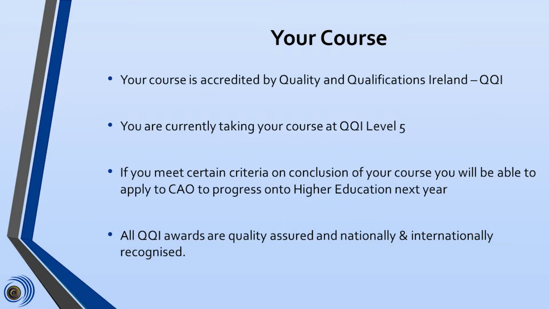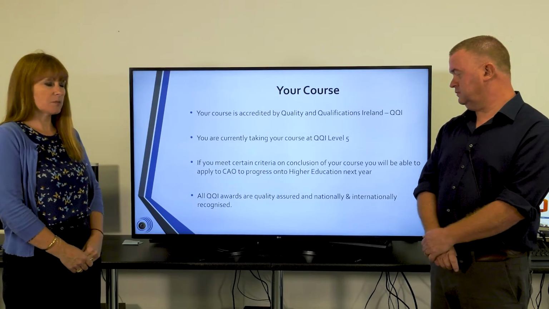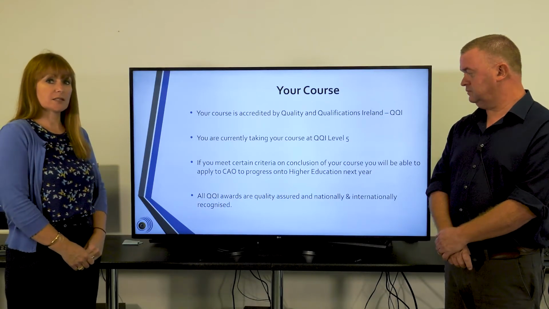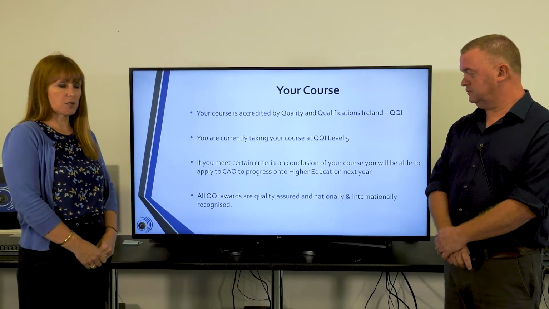Your course is accredited by QQI, Quality and Qualifications Ireland, and they're your awarding body for your studies here at Dunboyne College. You're currently taking QQI Level 5. There are some Level 6 qualifications at the college, but most of the students will be studying at Level 5. Once you meet certain criteria of that Level 5 award in studying the 8 modules, you can progress through the CAO to higher education.